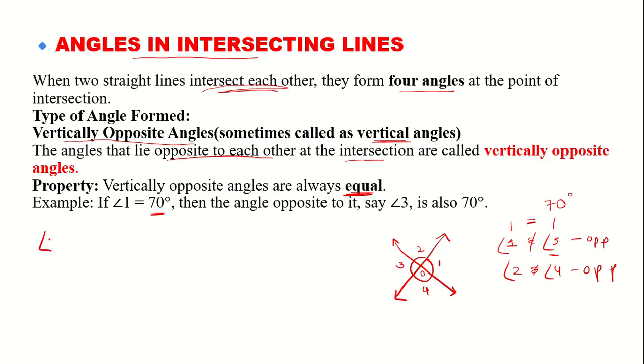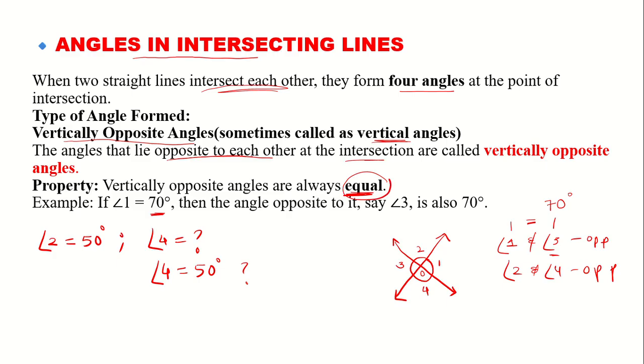If suppose angle 2 is given as 50 degrees, now what will be angle 4? Quickly tell me. Right, it is 50 degrees. Why? Because angle 2 and angle 4 are vertically opposite to each other, and vertically opposite angles are always equal.